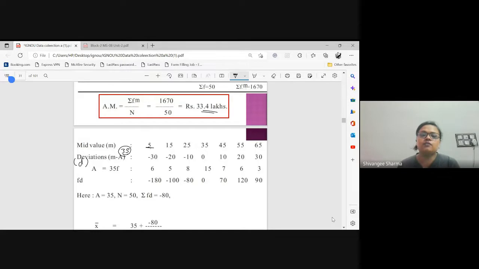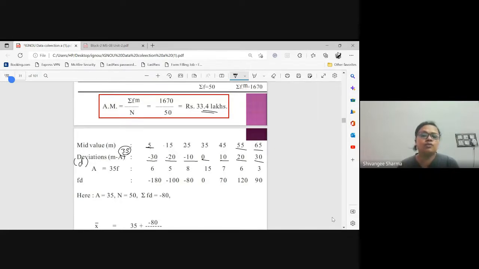So 5 minus 35 will be minus 30. 15 minus 35 will be minus 20. Then 25 minus 35 will be minus 10. 35 minus 35 will be 0. 45 minus 35 is 10. 55 minus 35 is 20, and 65 minus 35 is 30, right?